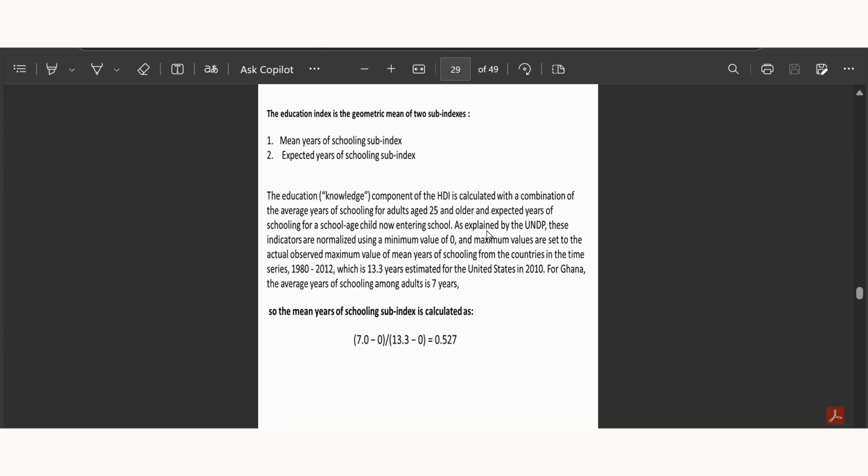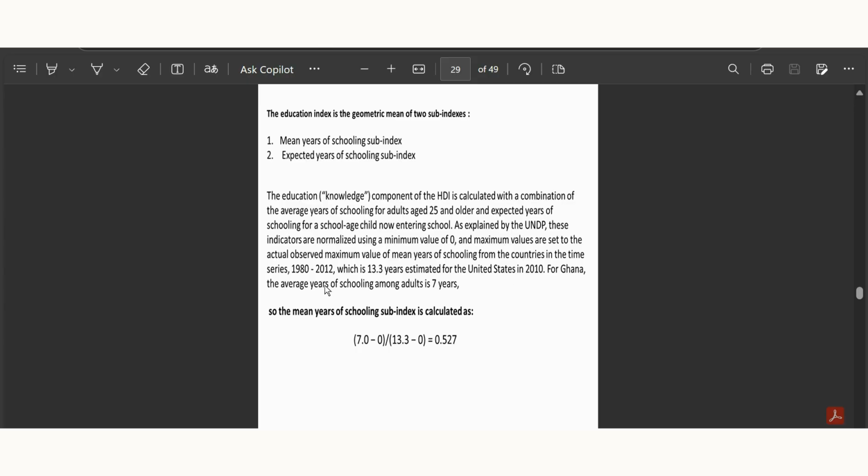As explained by the UNDP, these indicators are normalized using a minimum value of 0, and maximum values are set to the actual observed maximum values of mean years of schooling from the countries in the time series 1980 to 2012, which is 13.3 years, estimated for the United States in 2010.